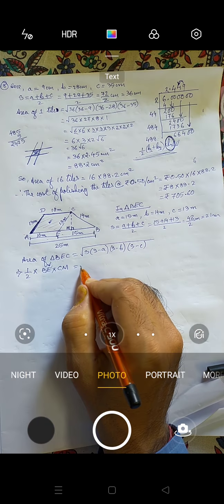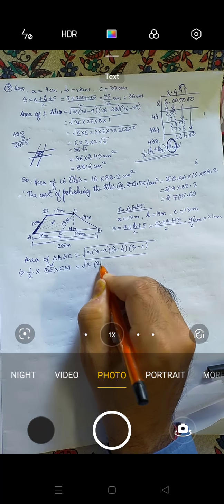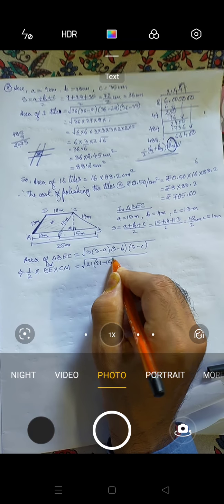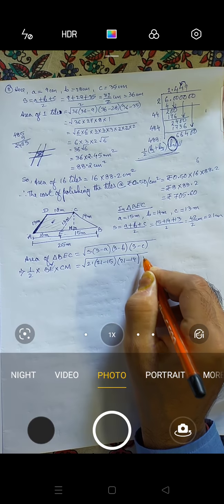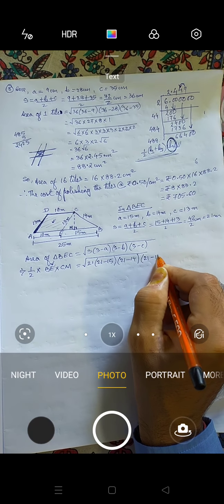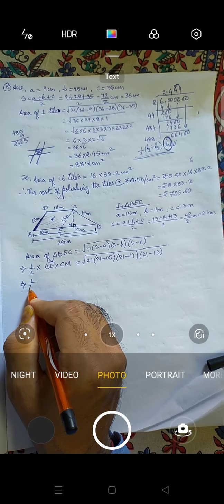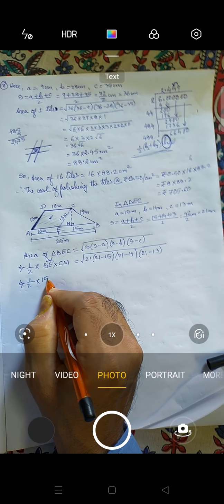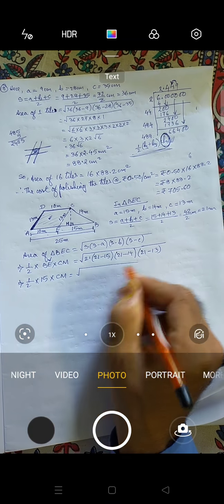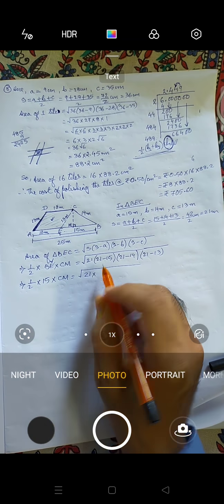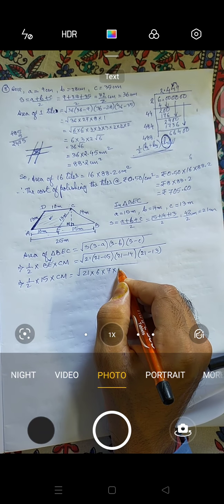Okay. Now we will substitute the values. S is 21. So 21 minus 15 into 21 minus 14 into 21 minus 13. Now this is half, so half, base is 15 and height is CM. So this can be written as 21 into 6 into 7 into 8.